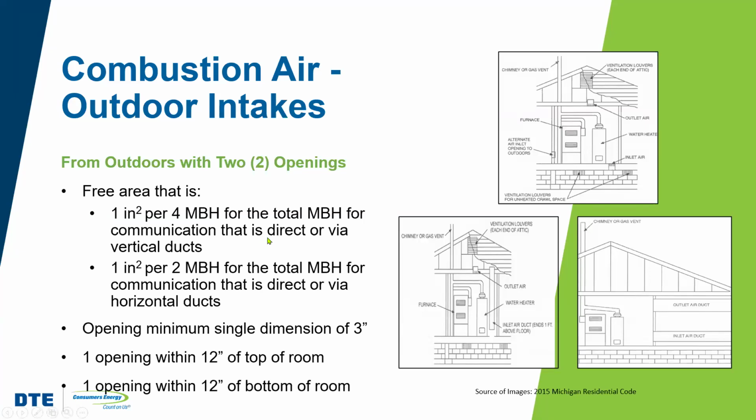And this is specifically for either vertical ducts or a direct opening. If you had horizontal ducts, those are going to have a little bit higher resistance, so we're going to have a bigger opening. So we're going to have 1 inch per every 2 MBH, and you still have to have those two openings within 12 inches of the top and bottom of the room.